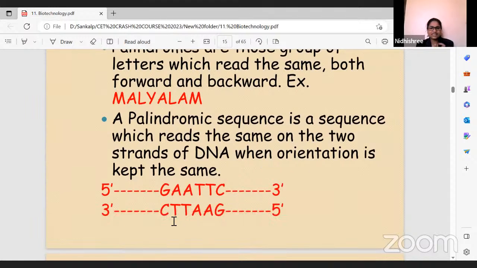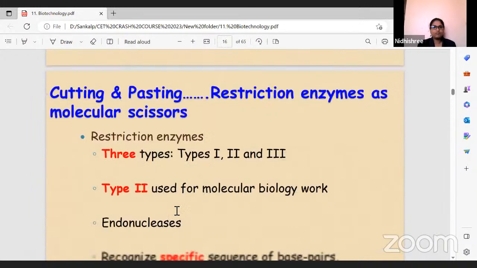When you reverse it, CTTAAG, 5' to 3', 3' to 5'. So a palindromic sequence is a sequence which reads the same on the two strands of DNA when orientation is kept the same. See, GAATTC. Now, cutting and pasting: restriction enzymes are called molecular scissors.